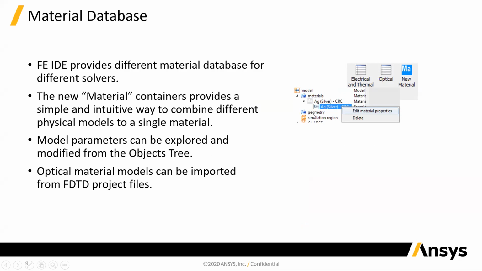So this way, it's slightly different from what you see in FDTD and MODE. Once you add a material to the objects tree, that becomes the material that gets used in simulation. It's not hooked up to the material database anymore. You can open up the material properties right from the object tree and adjust them if needed, and so on.